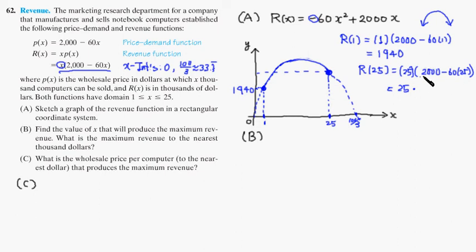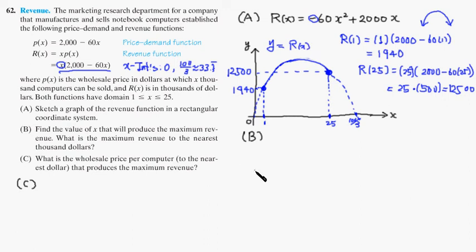So 2,000 minus 1,500 would be 500. 25 times 500 gives you 12,500. So right here is 12,500. All right, so this is the graph of y equals r of x. That's part A.